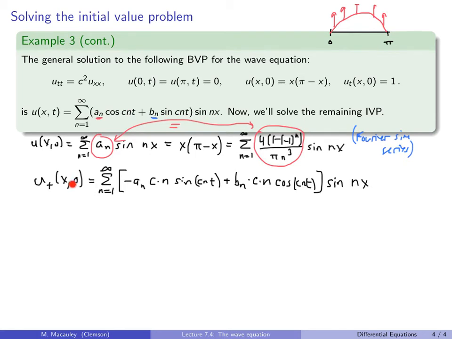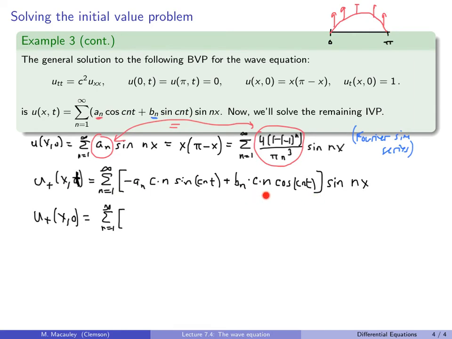Okay, now let's plug in 0. Oh, I put in 0 here. Sorry, this should be t, not 0. Okay, so when you plug in 0, now we get the sum from n equals 1 to infinity of, what happens? So this whole term goes away, the sine of 0.